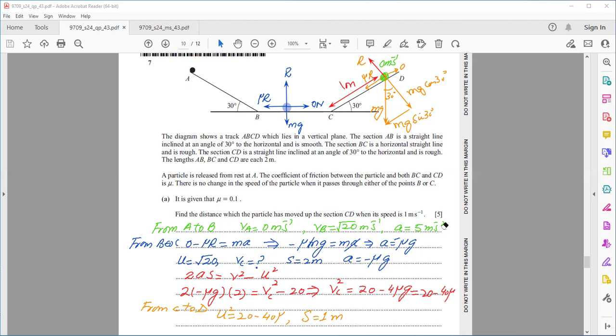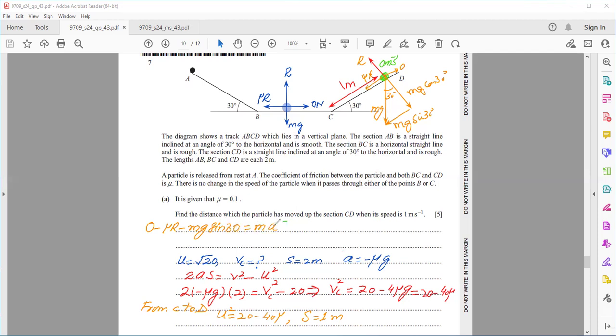So what should be the acceleration? I will use these two values over here. First of all, from C to D the acceleration you have to calculate will be 0 minus mu times R minus mg sine of 30 degrees, and that is equal to m times a.